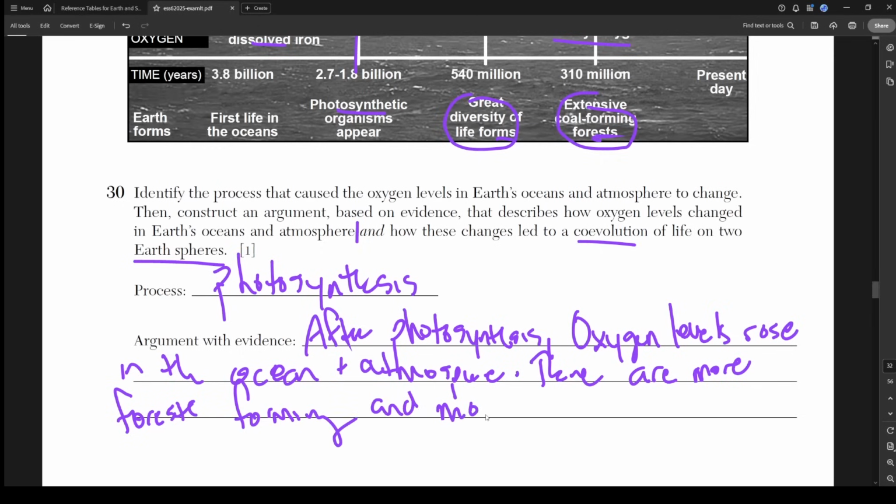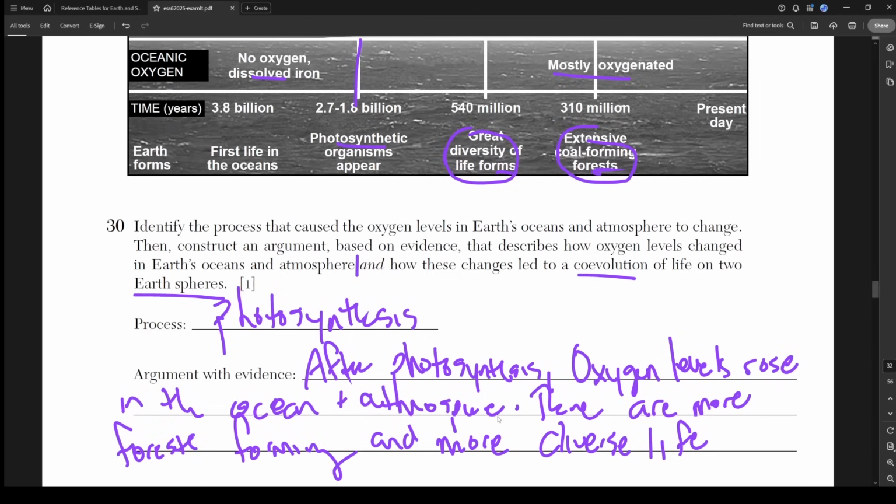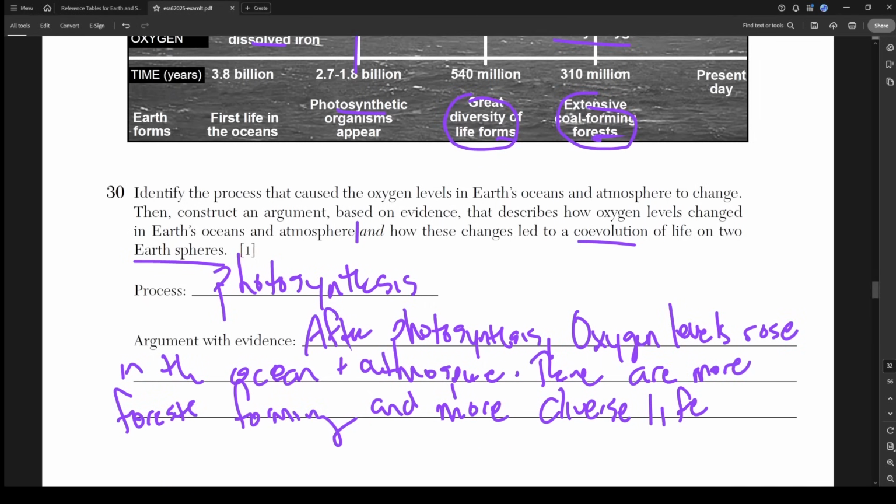And more, we'll just say more diverse life, because that's the biosphere. So we could say more forests and more diverse life. I think that covers everything. Yeah. I like it.